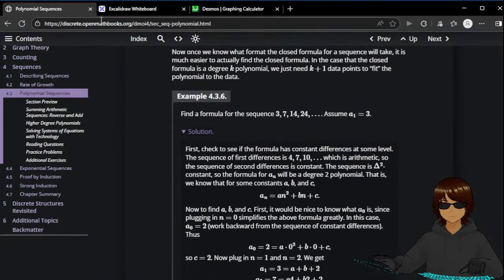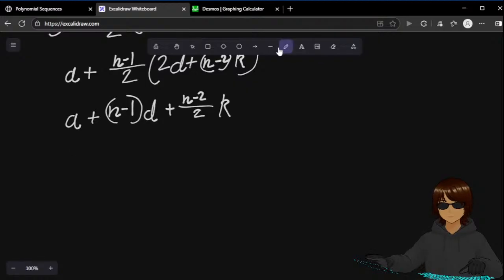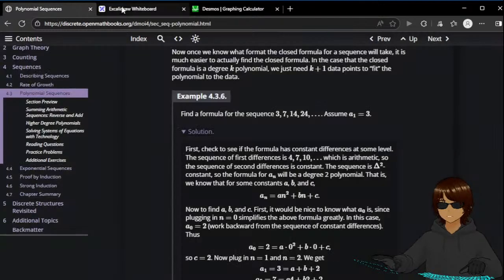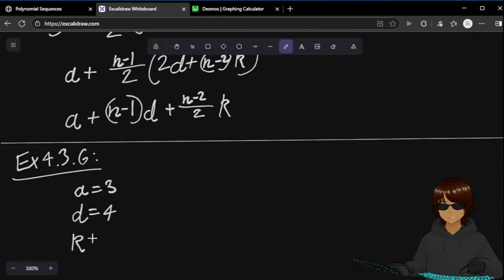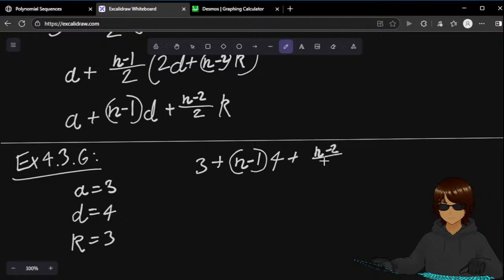Wait. A1 is equal to 3. Example 4.3.6. Seven minus 3 is 4. And then K is 3. 3 over 2 n.